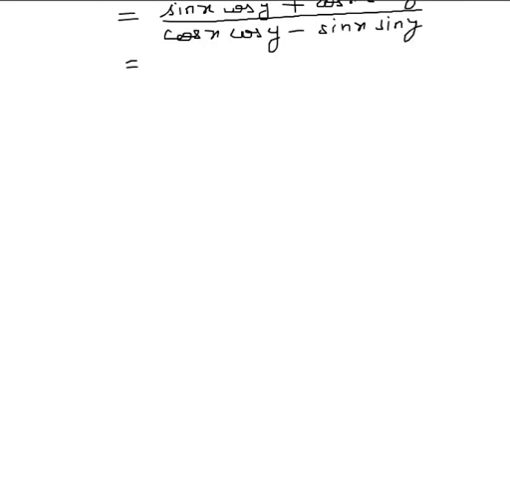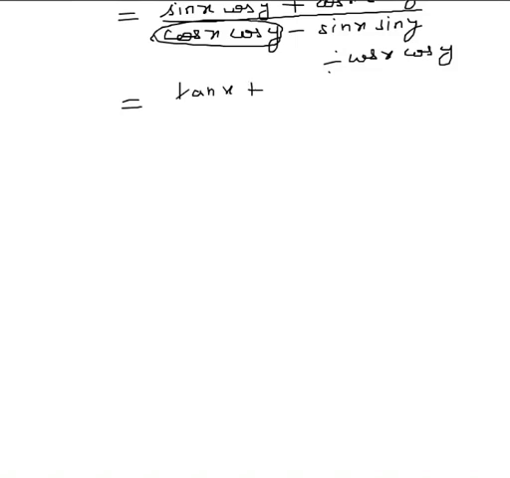Now divide both numerator and denominator by cos x cos y, so that we get 1 in this position. By dividing, cos y gets cancelled, sine by cos is tan x, so this term becomes tan x.